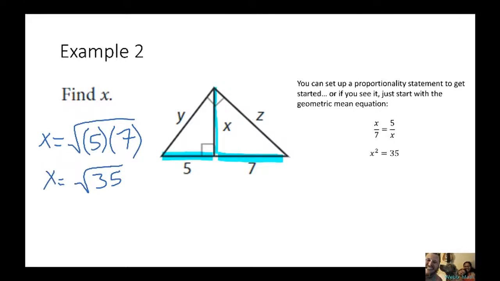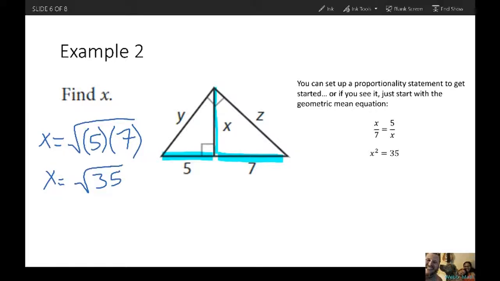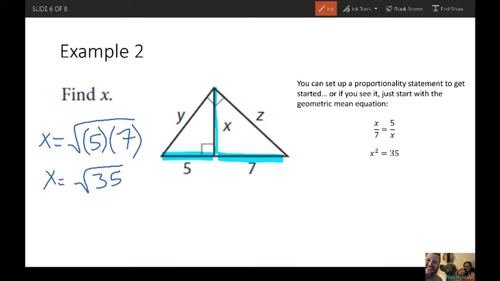Choice is yours, but if you're weak at proportional statements, you should practice, because they'll probably have a question on your test. So as you go through, basically what happened from one line to the next is I was just like, you know what, I'm going to multiply by a 7x, because if I do that, those 7's will become a 1, and you're just going to have x squared, which is what we got here. 7x will cancel out with the x down here, and this will become a 35 right there.